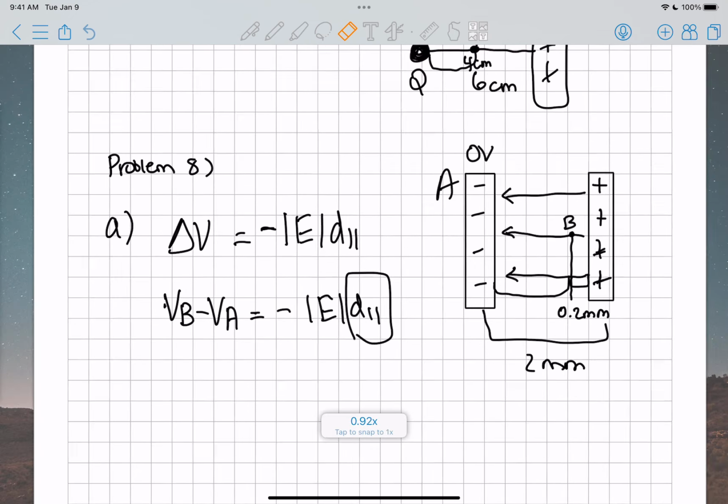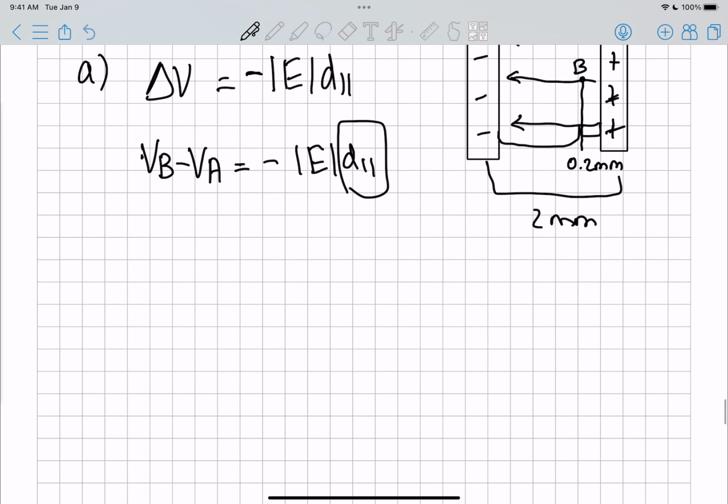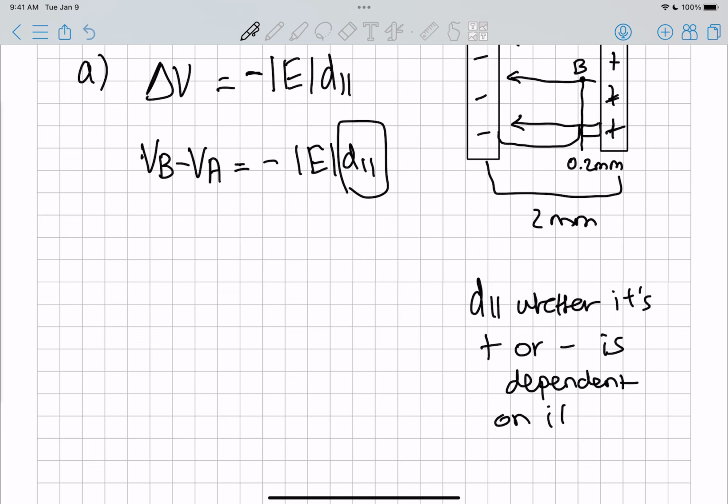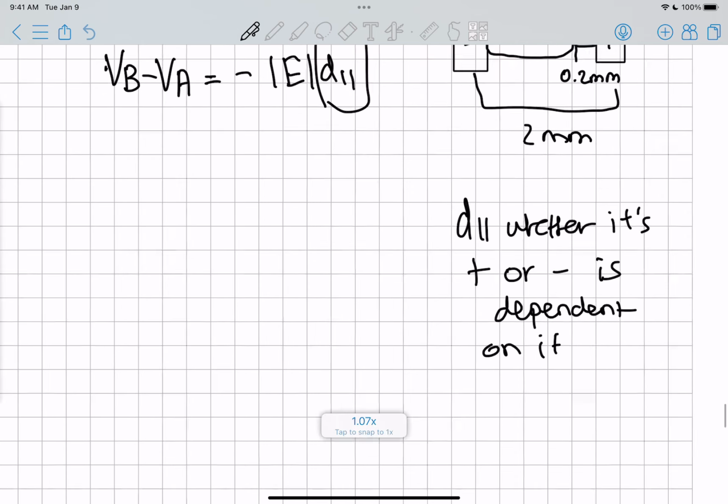So let me write a little notation here. D parallel, whether it's positive or negative, is dependent on if the movement is in the same direction or opposite direction to the electric field.